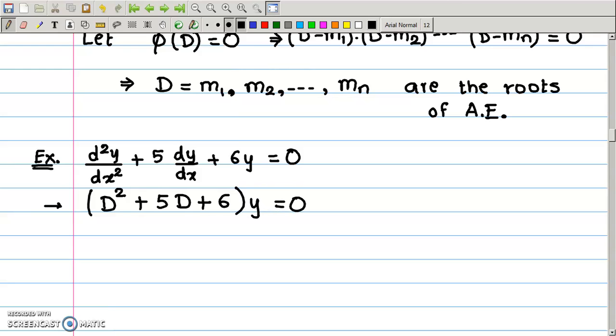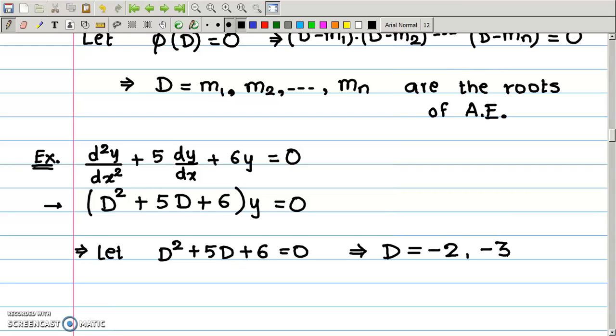Therefore the solution of this dependent variable will depend upon the auxiliary equation only. So this implies we consider D squared plus 5D plus 6 equal to 0. And if we simplify, we can find the roots of this quadratic equation, and the roots are minus 2 and minus 3.